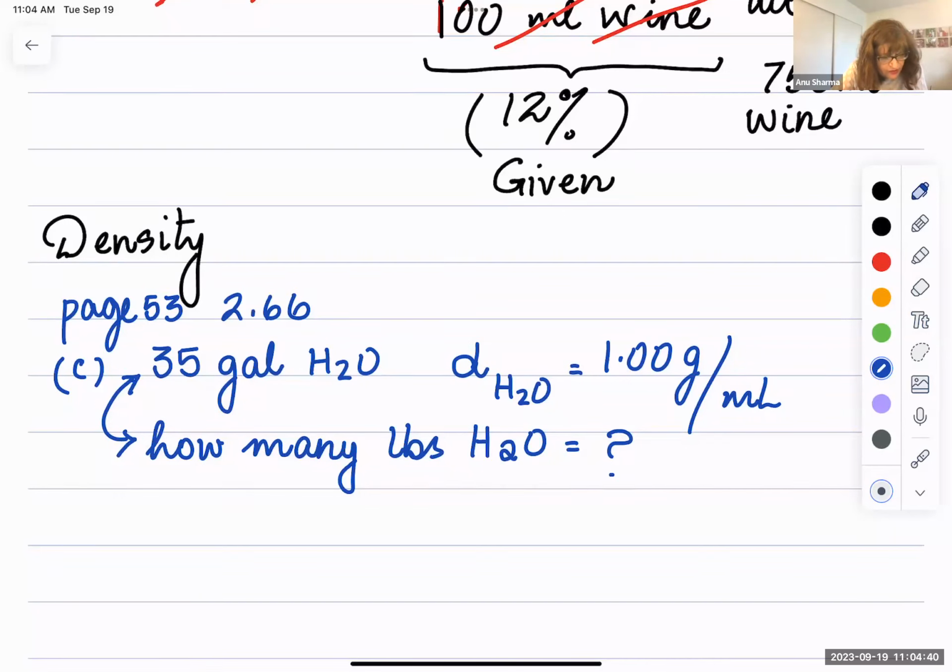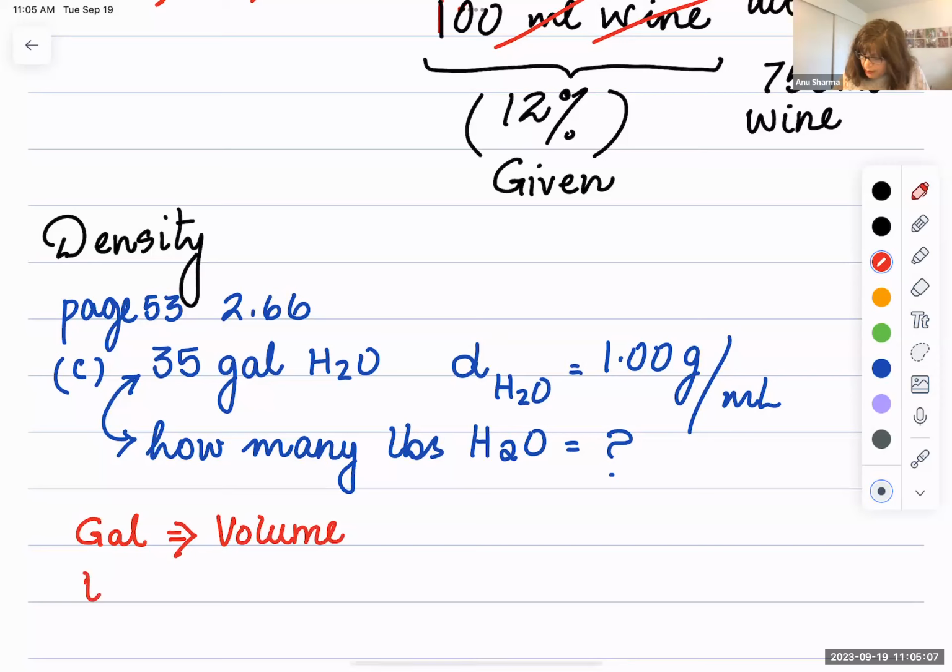Gallon is a unit for volume, and pounds is a unit for mass. So you should recognize this.